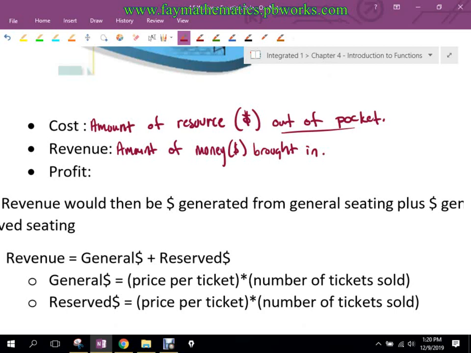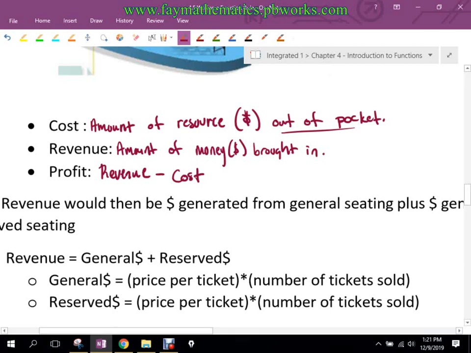So the way we describe profit is that it's money brought in, revenue, minus money sent out, which would have been your cost. Does that make sense to everybody? If we can remember that, it's going to make our lives a lot easier with these types of questions.